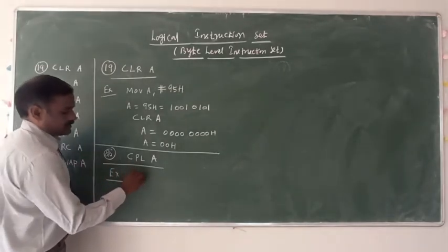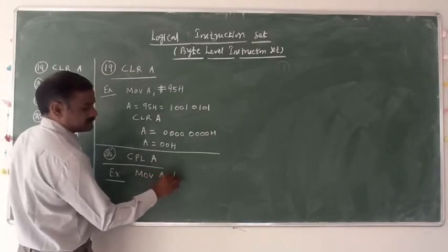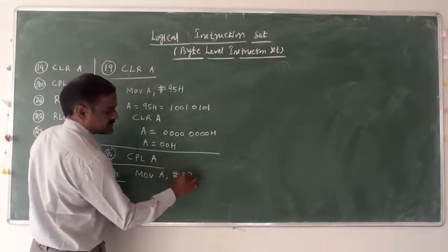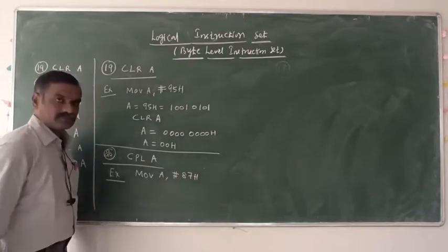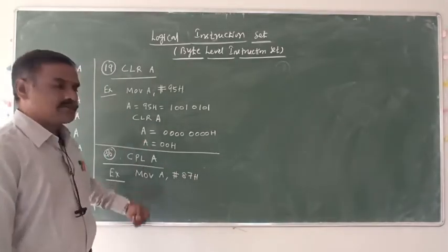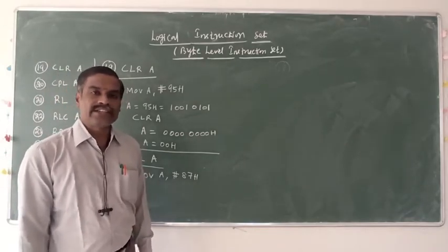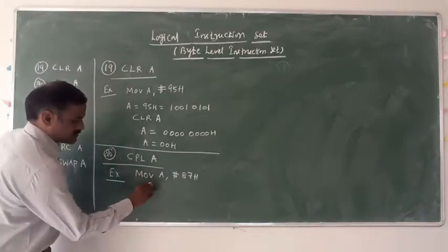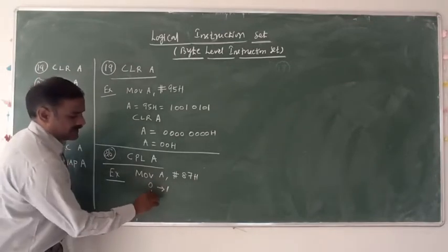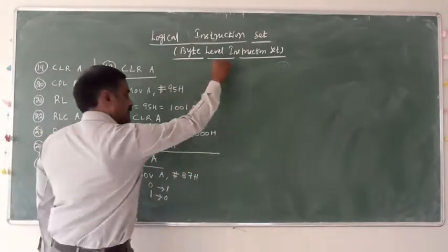Example, initialize MOV A, 87H. Here the complement means 0 changes into 1 and 1 changes into 0.